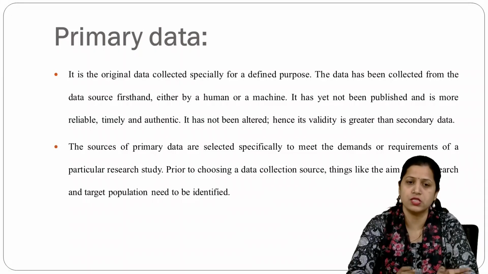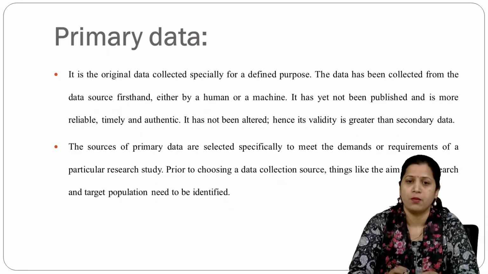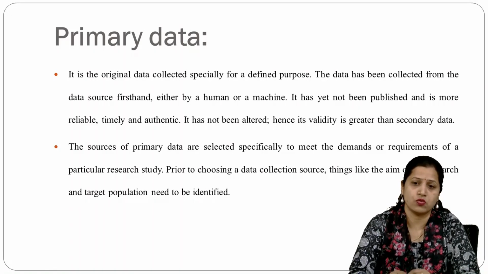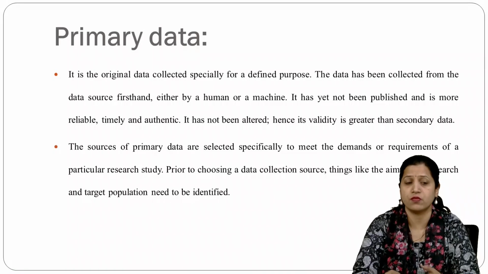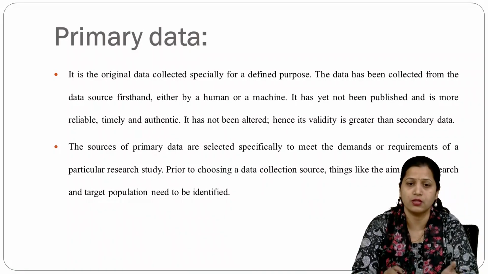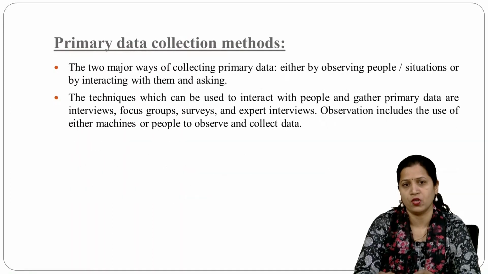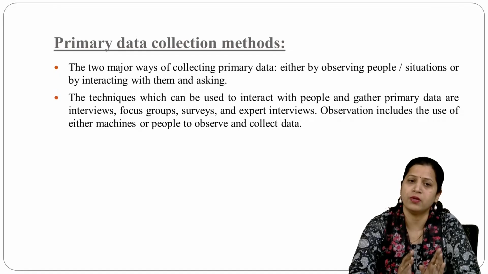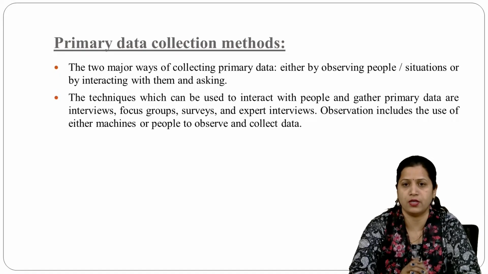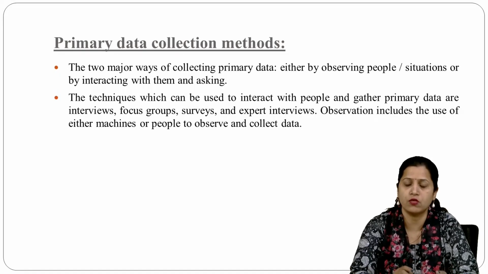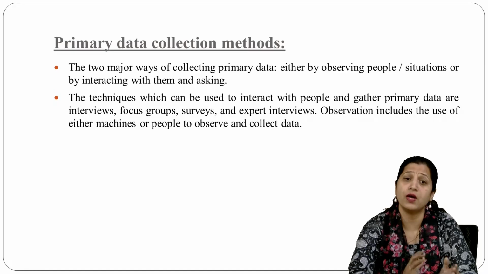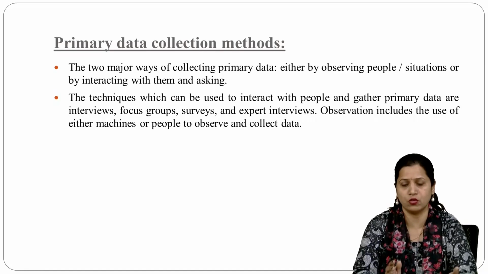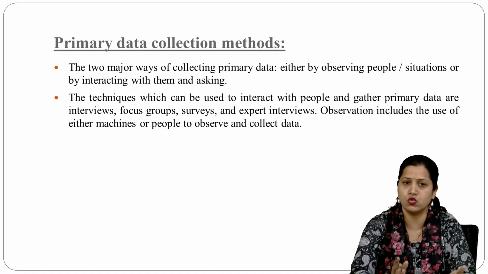So the sources may depend on that. Prior to choosing a data collection source, things like the aim of the research and our target population need to be identified. Primary data collection methods: there are mainly two major ways of collecting primary data, either by observing the people or the situation, or by interacting with them or asking questions.